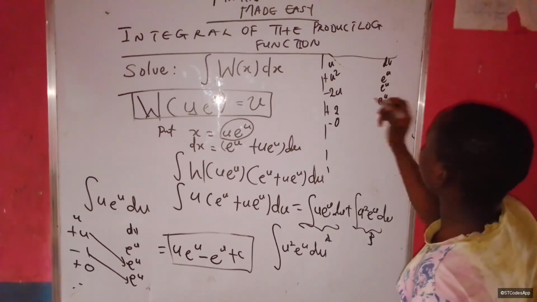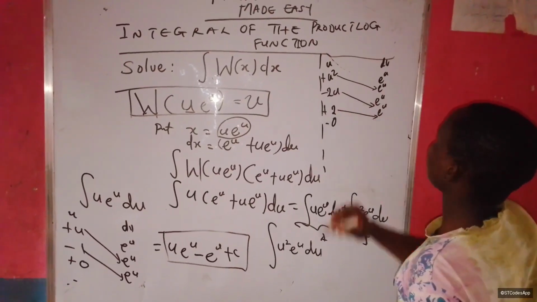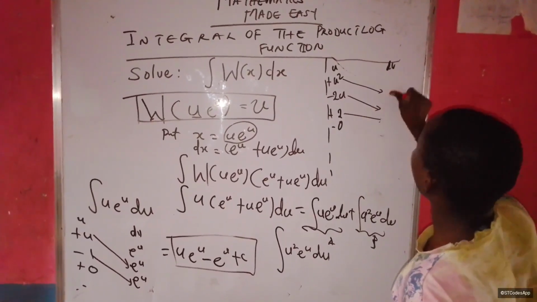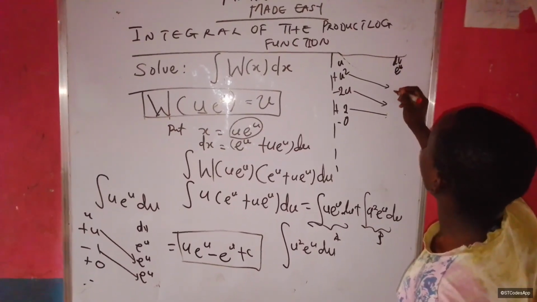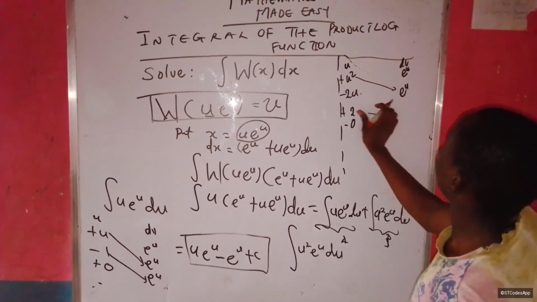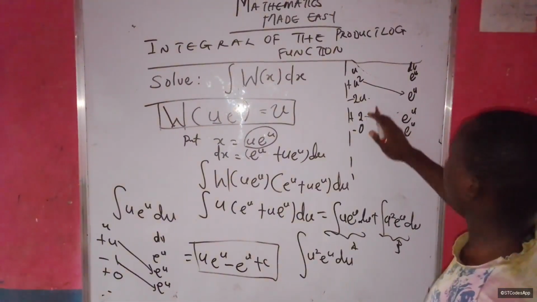Then you multiply: this will multiply this, and this will multiply this. Okay? Then write this very well. So we have e raised to the power of u, e raised to the power of u, e raised to the power of u, e raised to the power of u.